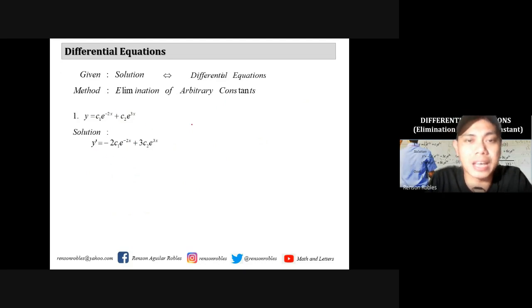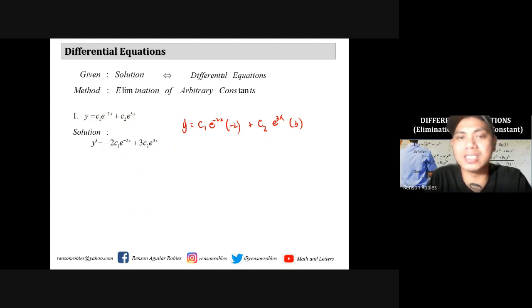And you just copy y prime equals, you just copy c sub 1, and then copy e to the negative 2x, and then differentiate negative 2x. And that's negative 2. Plus c sub 2, you copy c sub 2, you copy e to the 3x, then you differentiate 3x, that is equal to 3. And you got this first derivative.